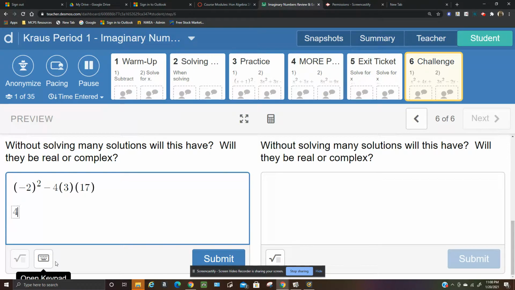So 4 minus 204, this has two complex solutions.